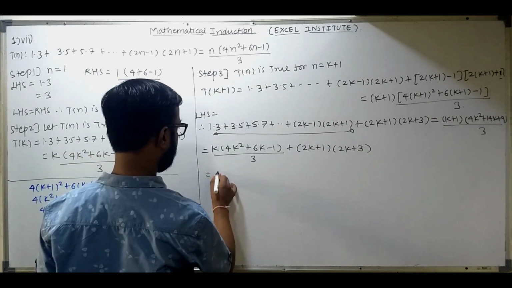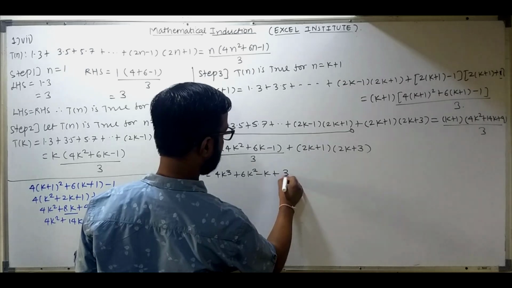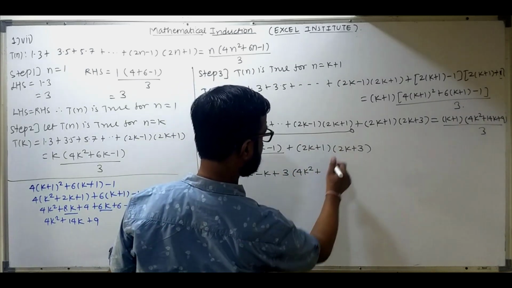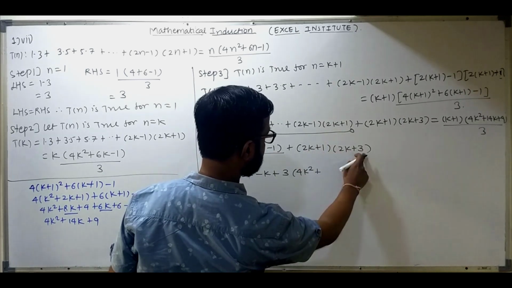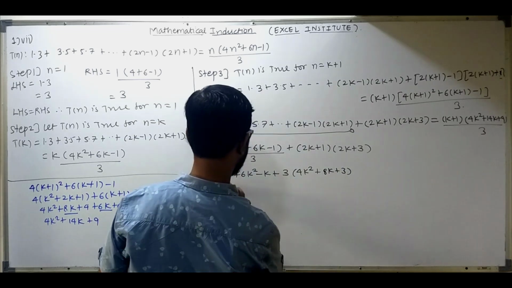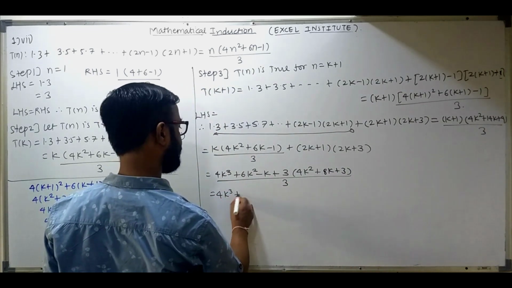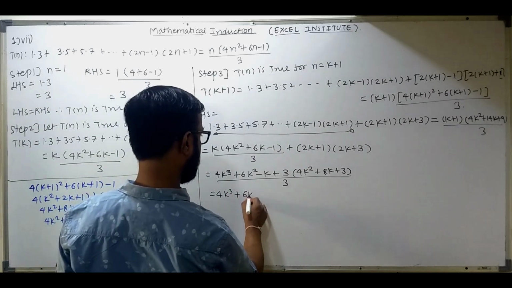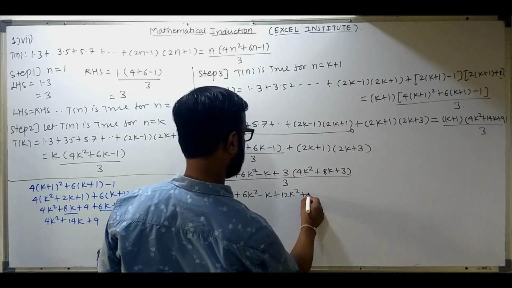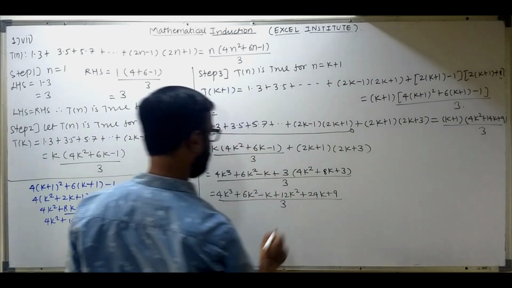Okay, 4k cube plus 6k square minus k, this is over 3. And 4k square plus 6k plus 2k, that is 8k plus 3, upon 3. So this is 4k cube plus 6k square minus k plus 12k square plus 24k plus 9 upon 3, beta.